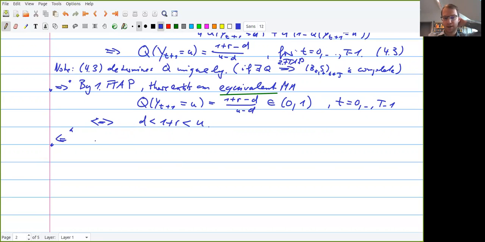All right. Okay, how do we get now that the market is arbitrage free? Well, we have the assumption that this relation between the parameters holds. And now we use our condition of equality we derived in 4.3, which is here.